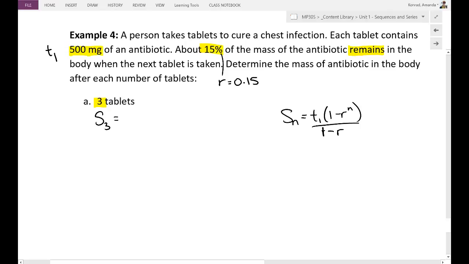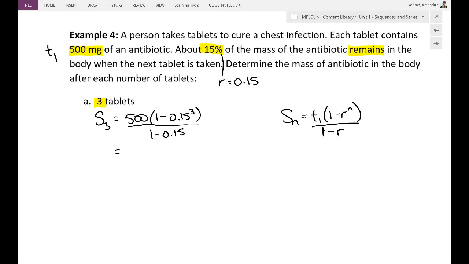So the sum of the first 3 tablets is going to be 500 plus, we've got 1 minus 0.15 to the power of 3, all divided by 1 minus 0.15.